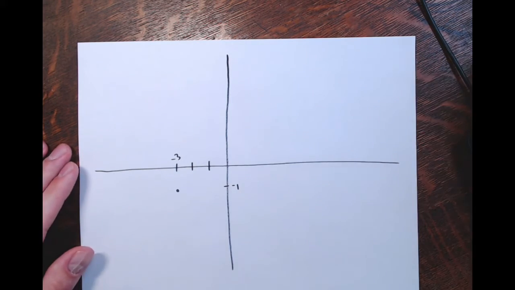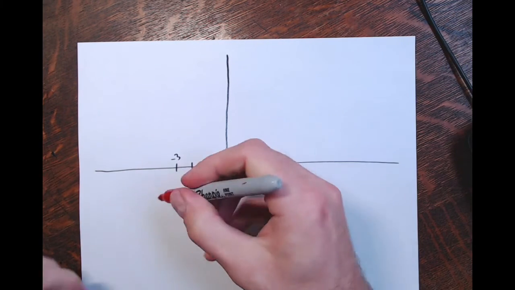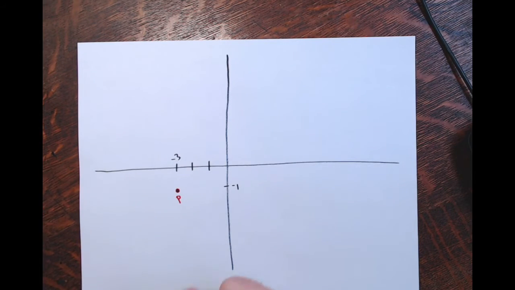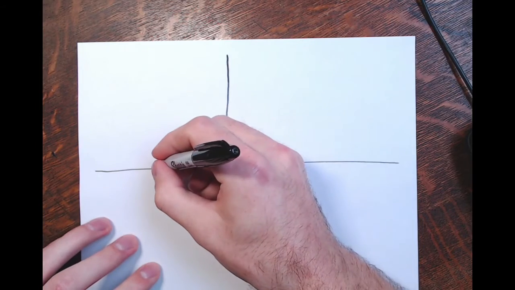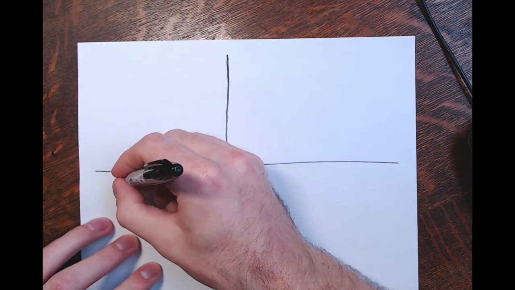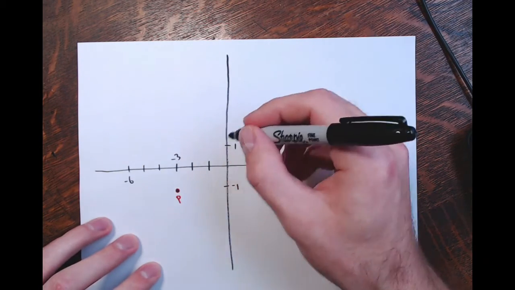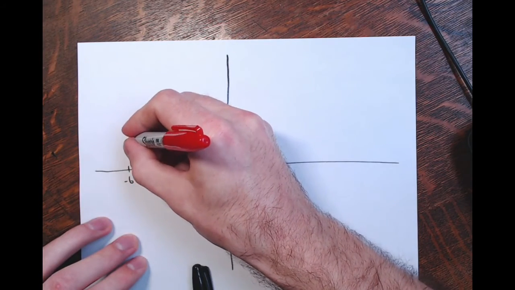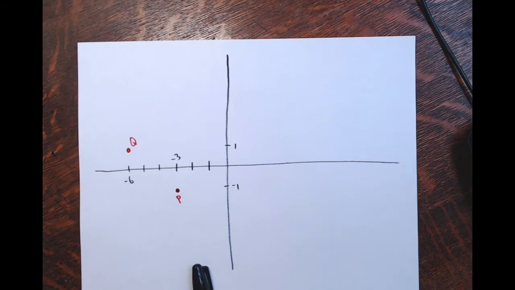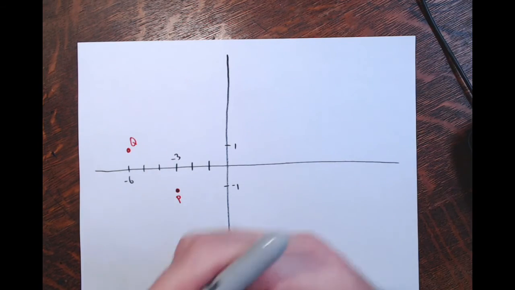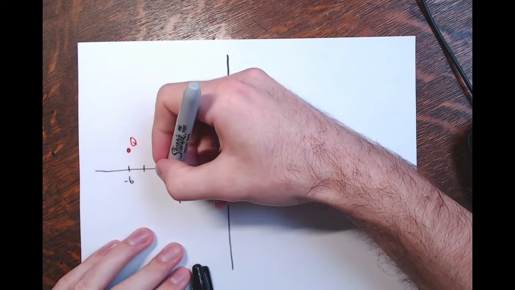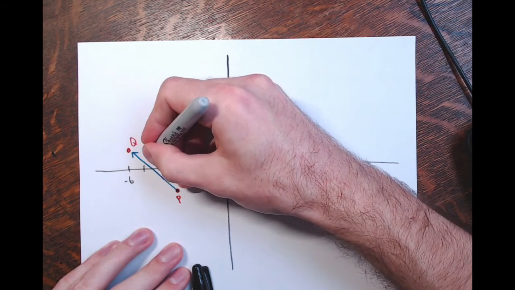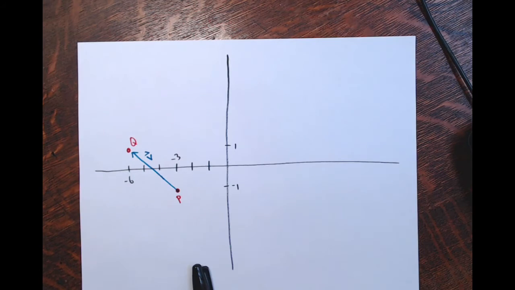So there's point P. Point Q is at (-6, 1). So right there is point Q, and then vector v that they describe to us starts at P and ends at Q, initial point, terminal point. So here's vector v that they're describing.